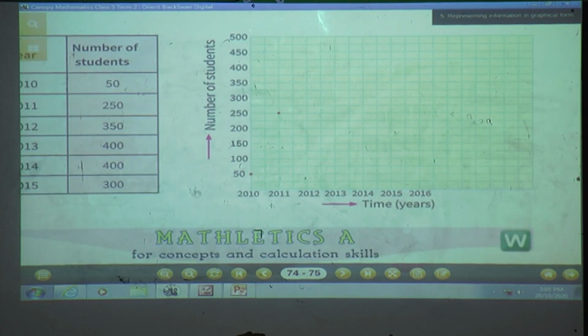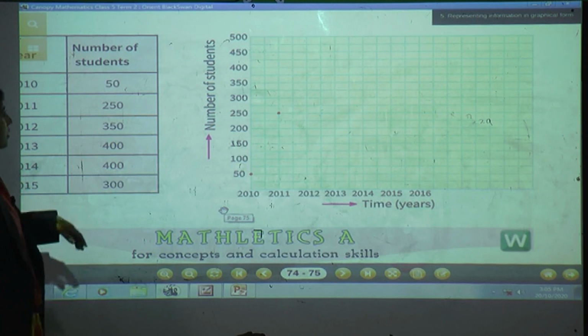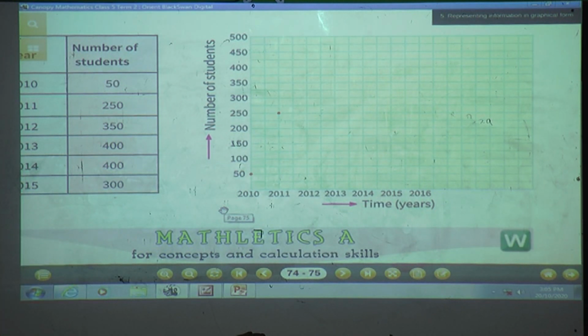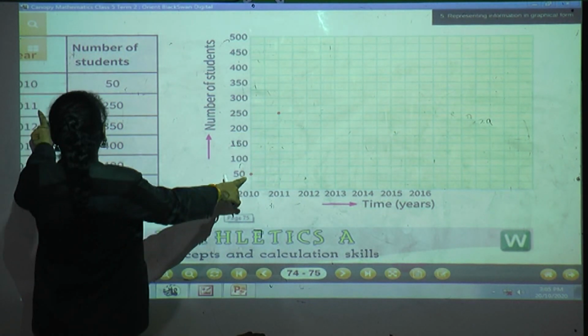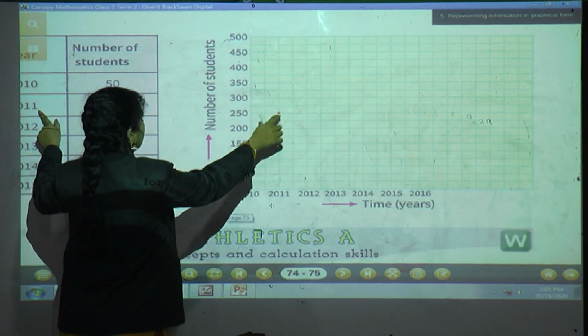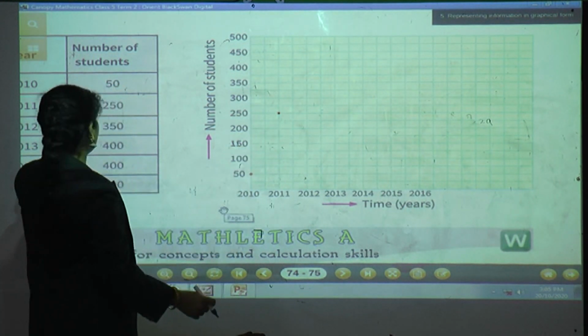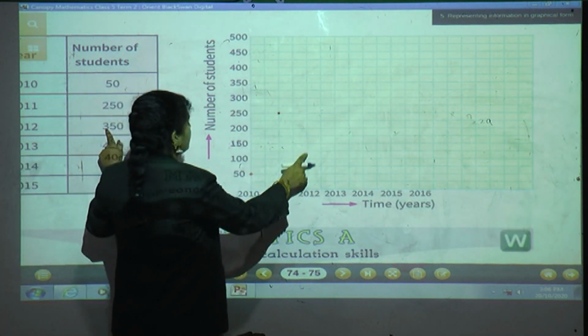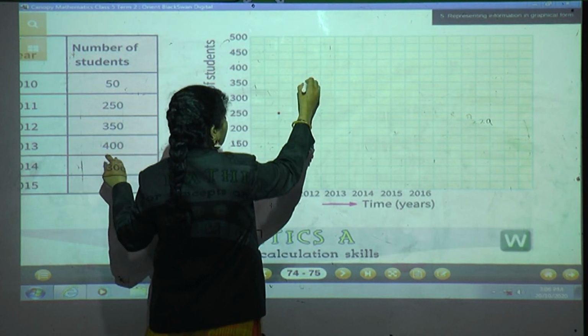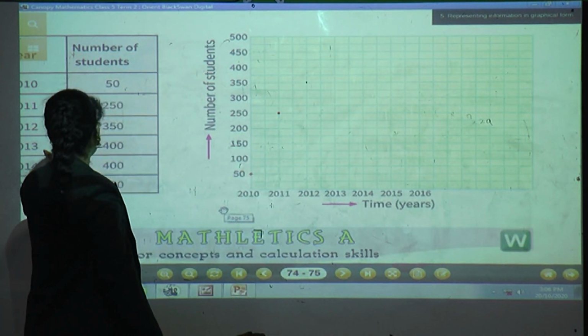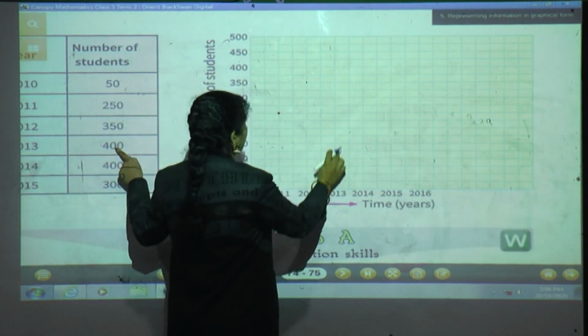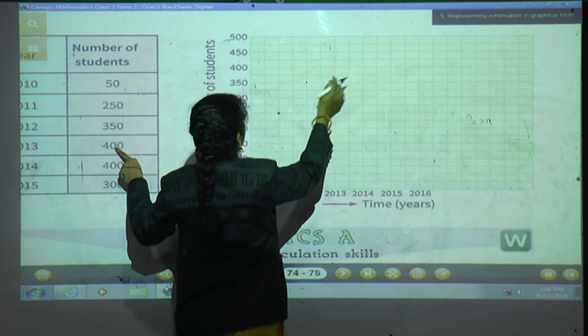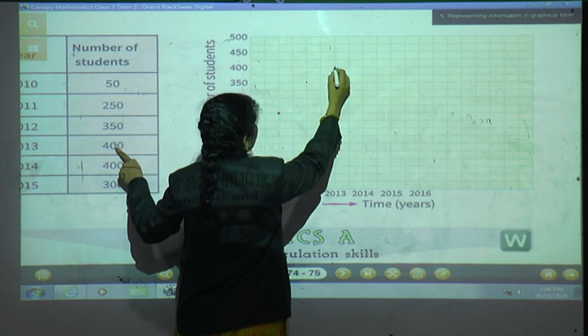See. So students, in 2010 number of students 50. Here is a 50. In 2011 250. In 2012 350. So just see where it is 350 and give the dot. 2013 400. Here see where it is, here.